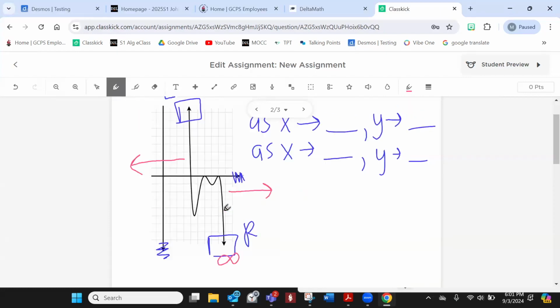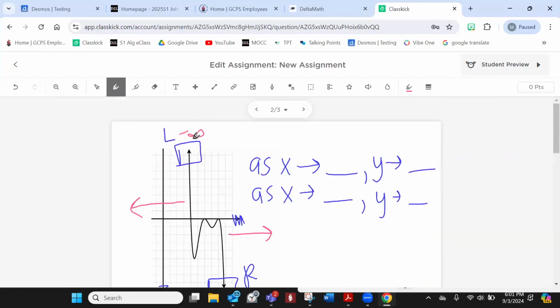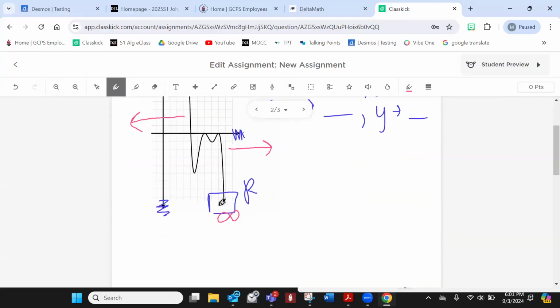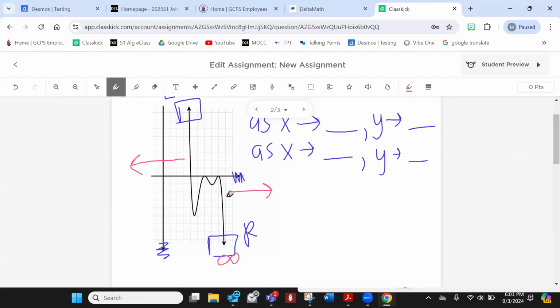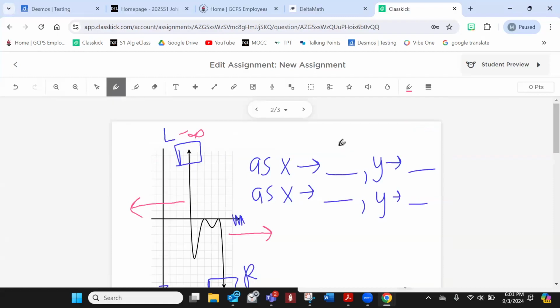We don't care right now about the behavior. This is just what we're naming the end. It goes the left end, the negative infinity side. It goes to the positive infinity side. Okay, this is going to help us when we write this part. So this part is literally the direction. So as x approaches the left side, what did we just name the left side?